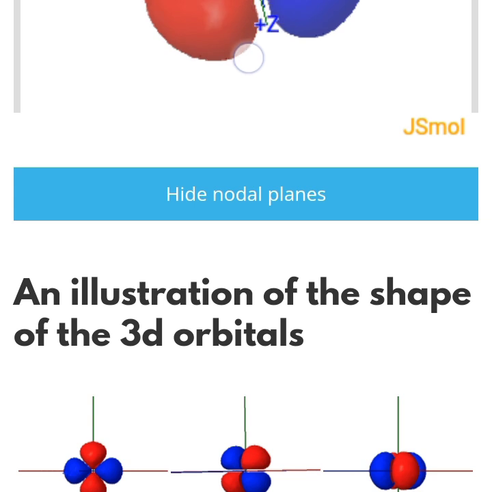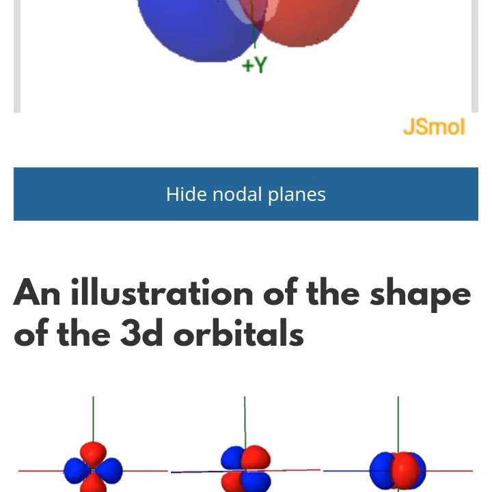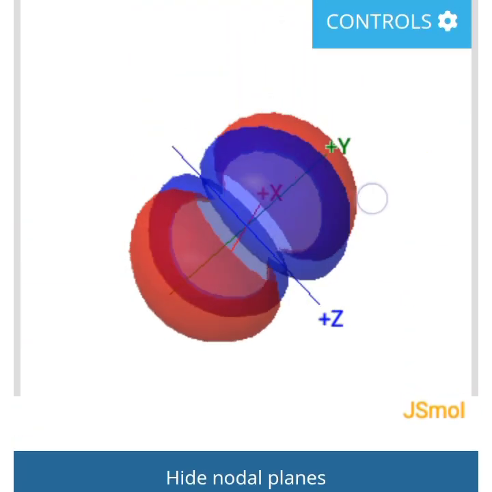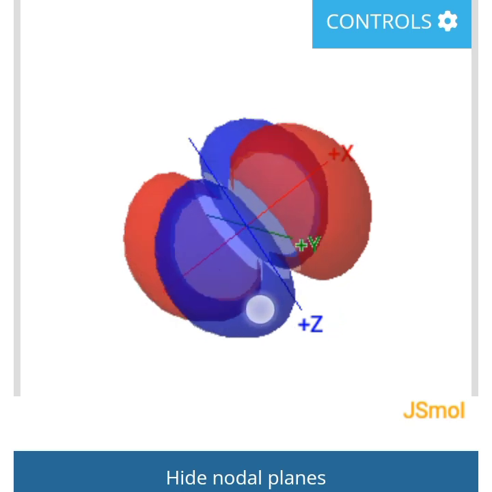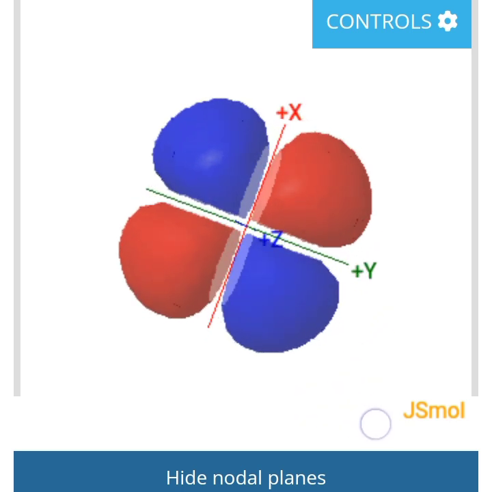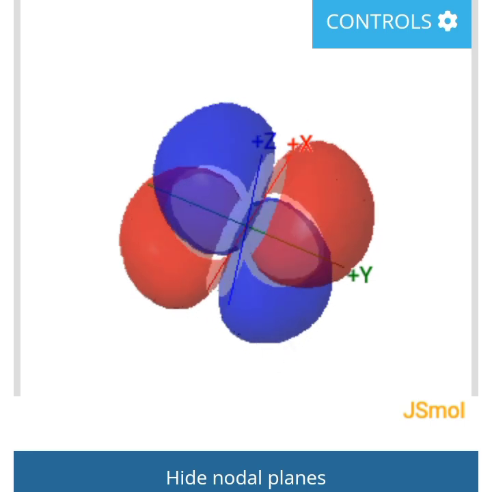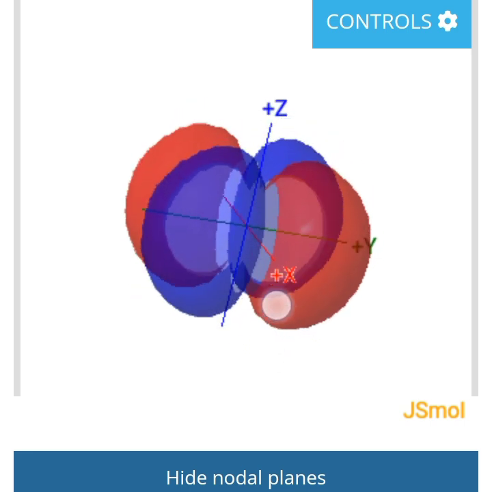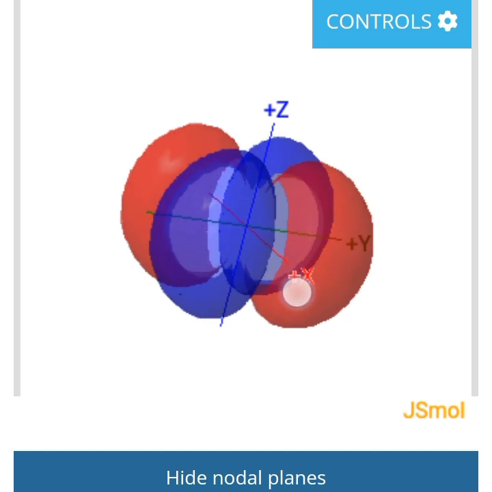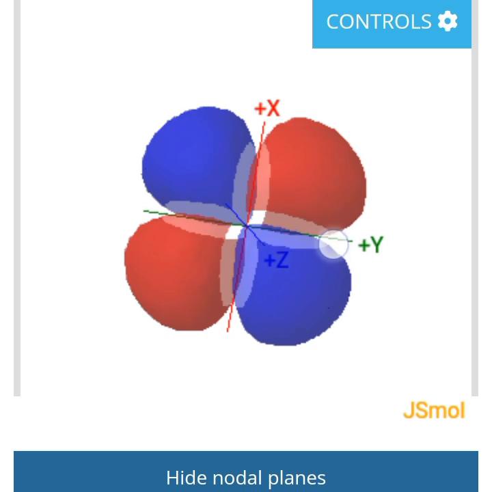Seen this orbital, the electron is present in the region of x and y, but dz is not related to these lobes, so this is called the dxy orbital.